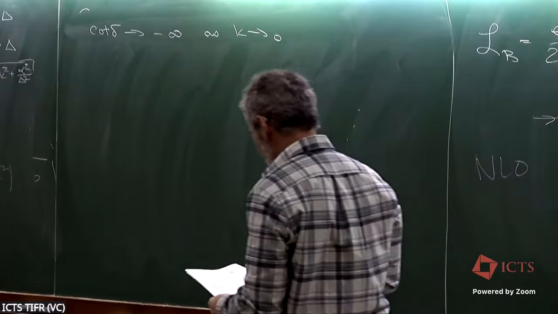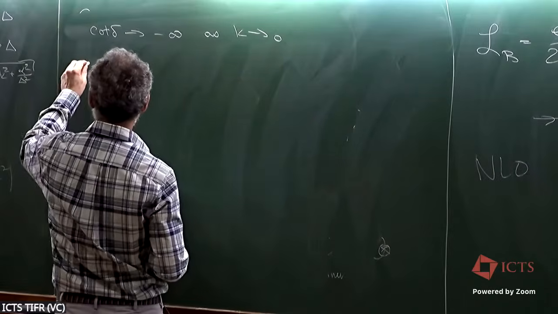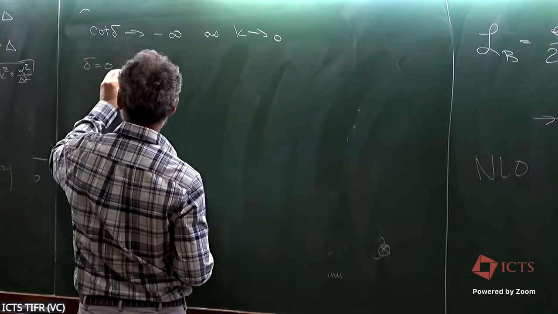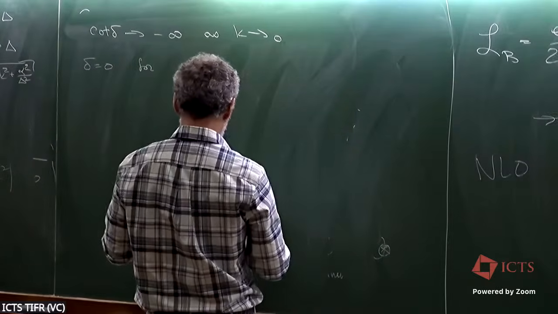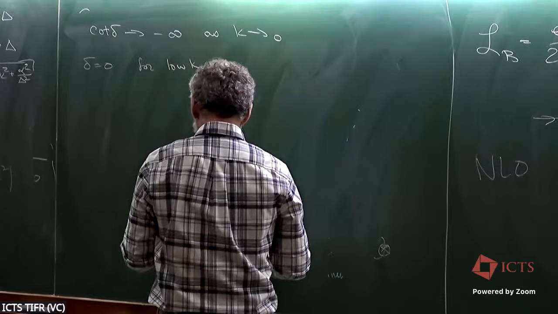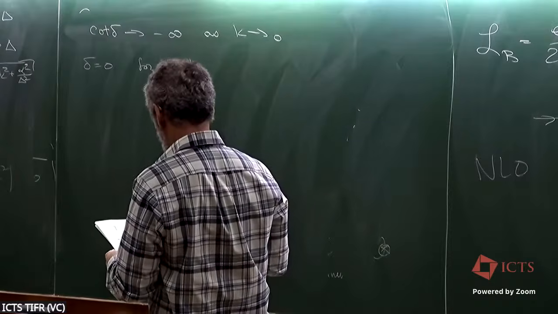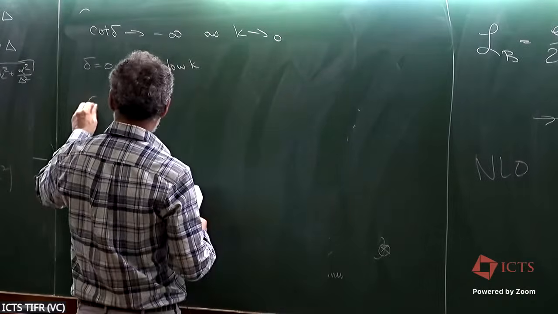And so the phase shift must vanish somewhere below K, and cotangent delta must change sign.